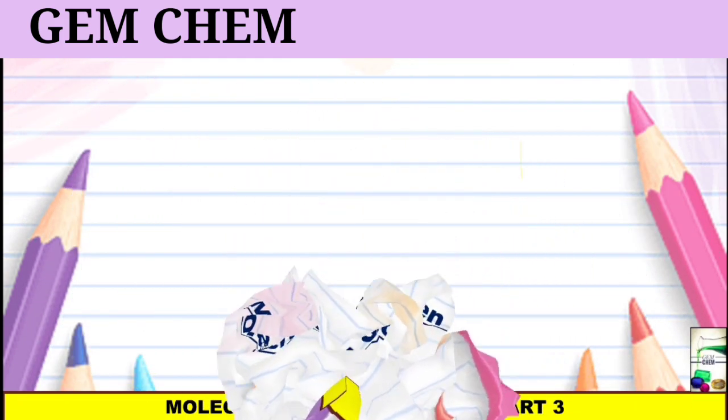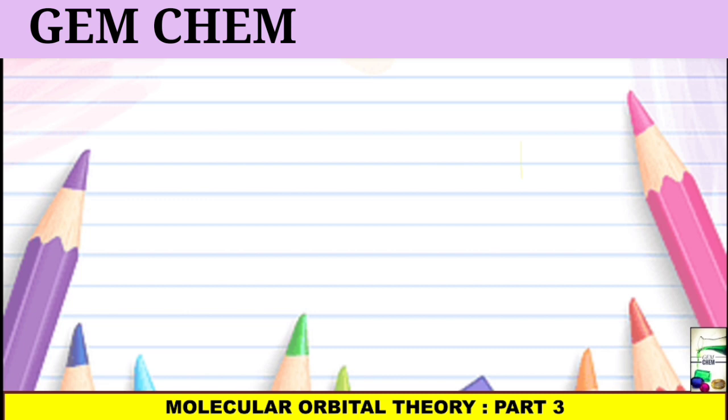Now we will see the combination of 2pz's. 2pz looks like this, right? But we should not draw it like this. The proper way of drawing it is, we have one node in between. So these look like two detached lobes. One will have negative, one will have positive.